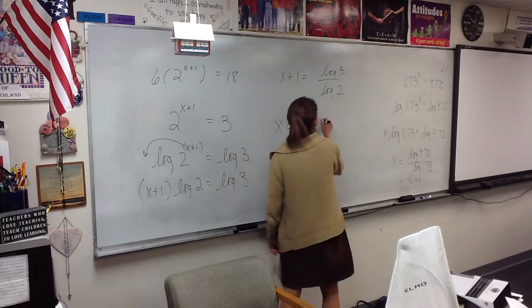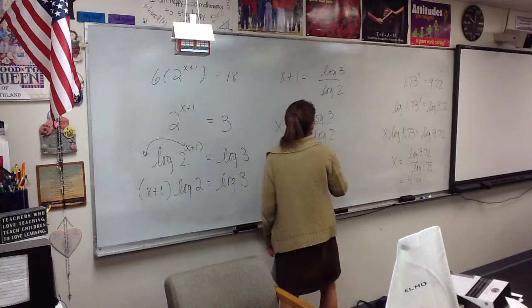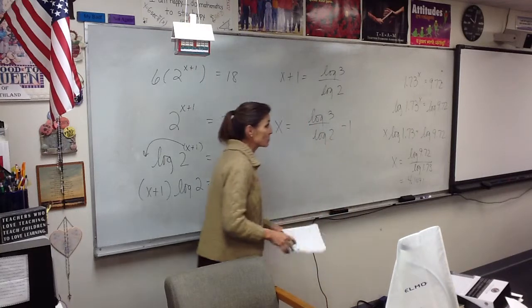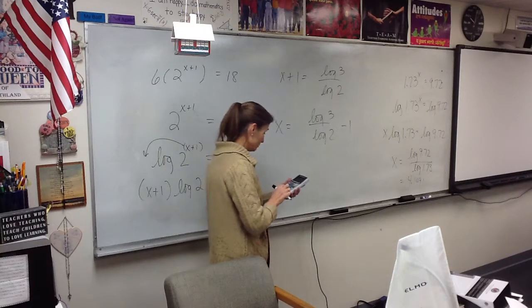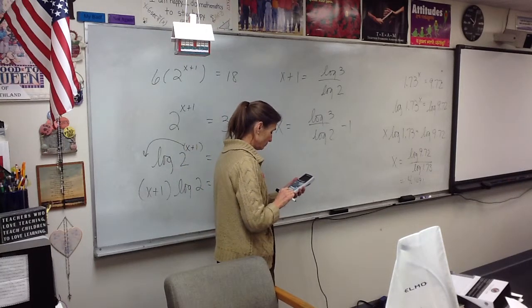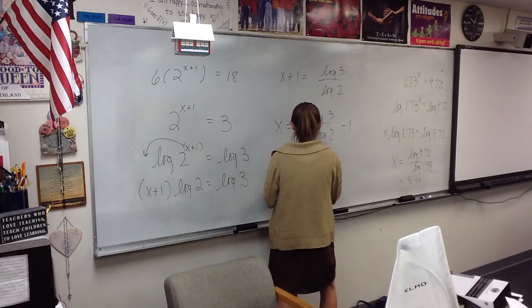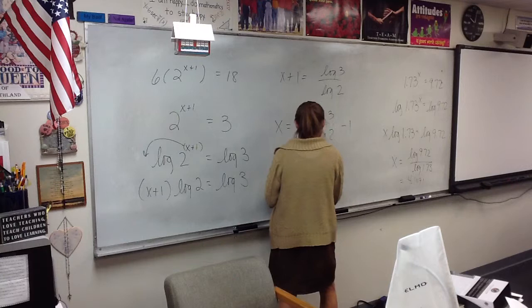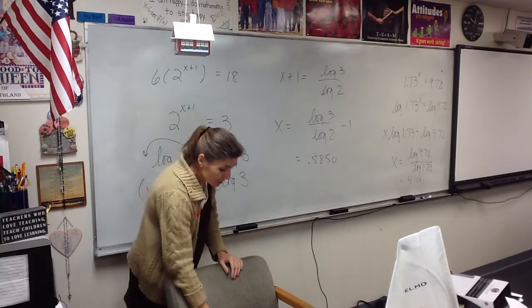Subtract the 1. So we're going to take whatever log 3 divided by log 2 is, that'll be some number our calculator will tell us, and then we'll have to subtract 1. And this time I got 0.5850. Did I do that right?